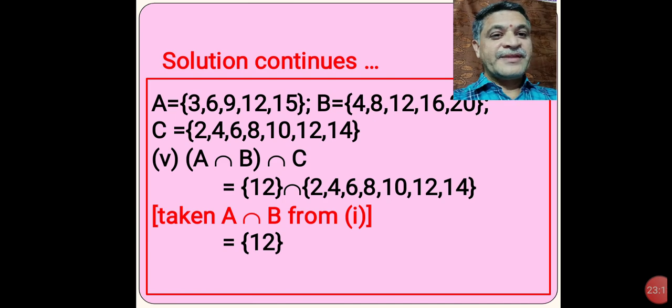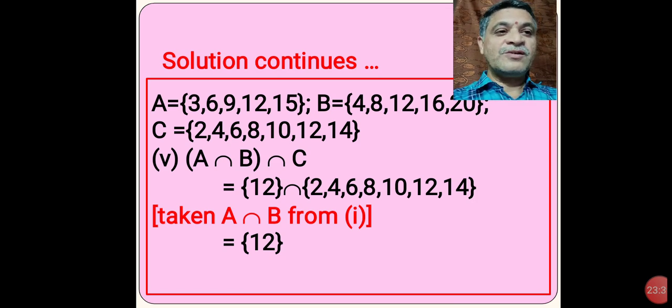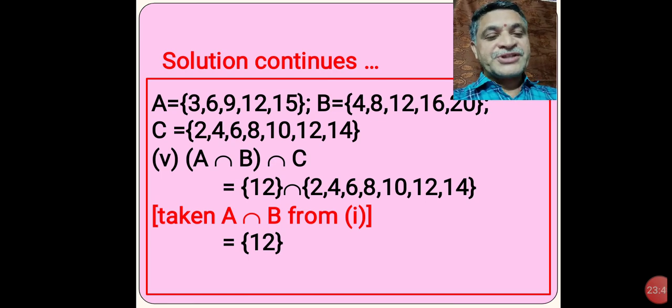Observe that A intersection B intersection C is a singleton set {12}. Both are equal. So we can say that the two results are equal.